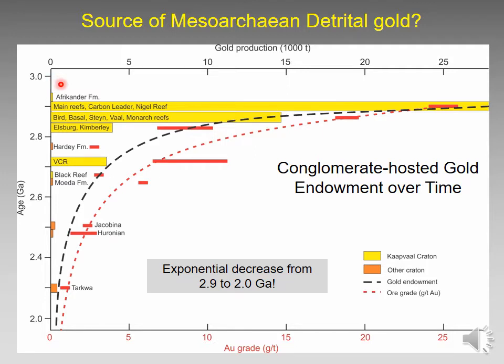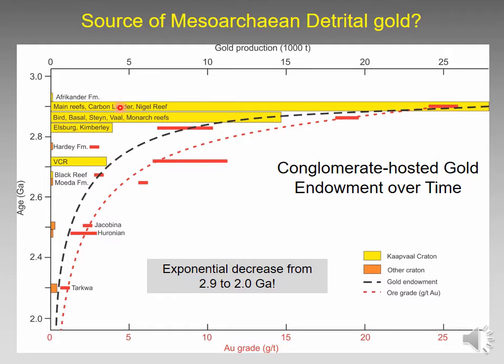Even in other parts of the world, if you have conglomerates that are older than 2.9 billion years, then they usually don't carry much gold. But then, around 2.9 billion years, we get this mega peak. By far, most of the gold in any conglomerate of that age, anywhere in the world, is sitting in conglomerates of 2.9 billion years.